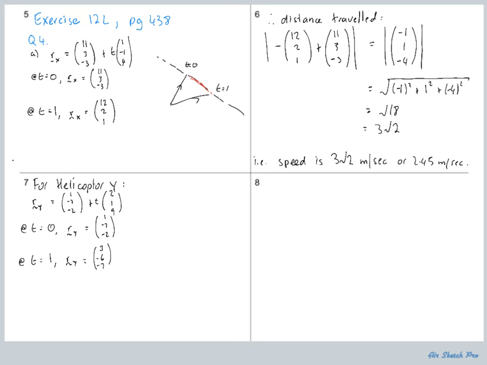So I'll do the same thing with distance. Therefore, distance travelled over 1 second is negative of 1, minus 7, minus 2, plus 3, minus 6, 7.